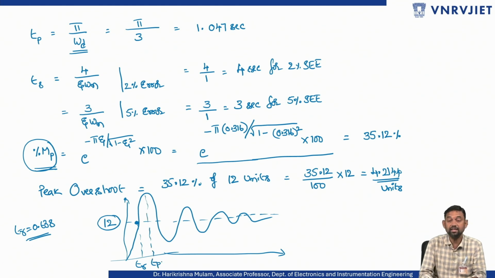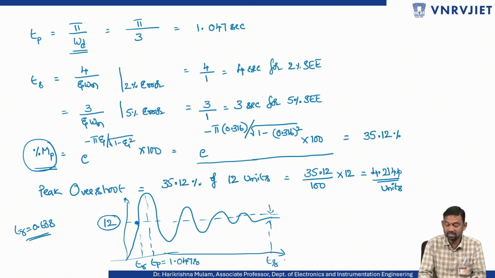Then this is the peak time. Time taken by the response to reach peak value for the very first time. And here we could get this peak time as 1.047 seconds. And here in the steady state, we will come across this settling time. So settling time is this.